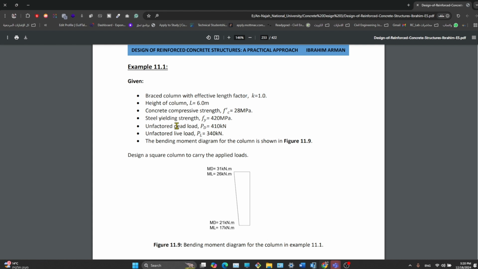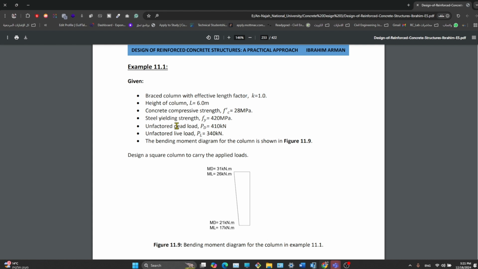Now I will ask you again, what are MD and ML, and how or where do we get these values for that column? We get them from the resulting beam.